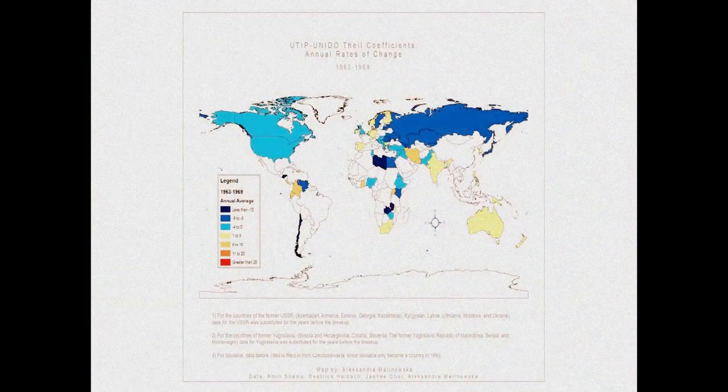I want to show you just a few more measures. And these are not measures of the level of inequality, but of the change over a certain period of time, 6-year intervals actually. And the color scheme is that blue is a decline of inequality, and the yellows and reds are now increases.